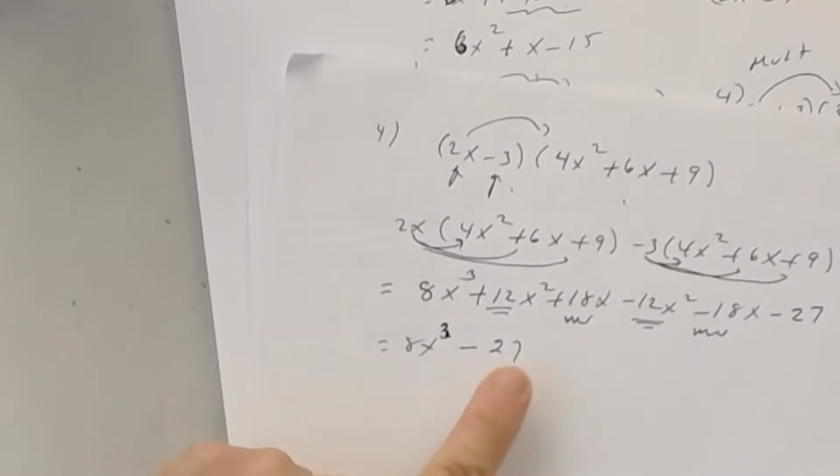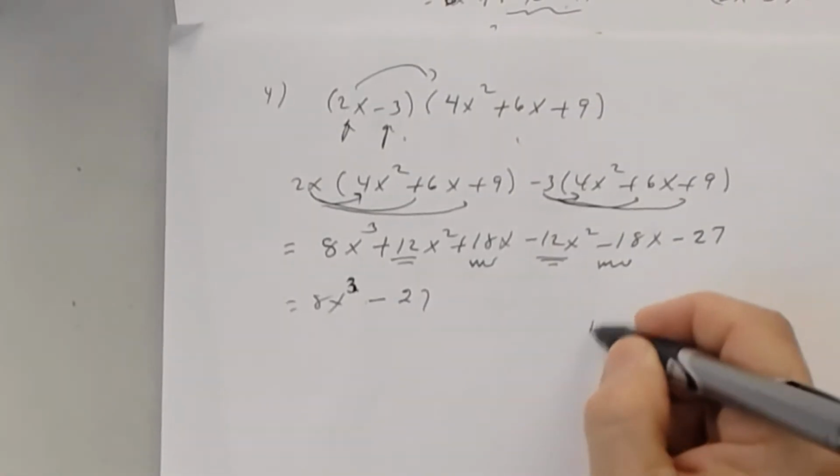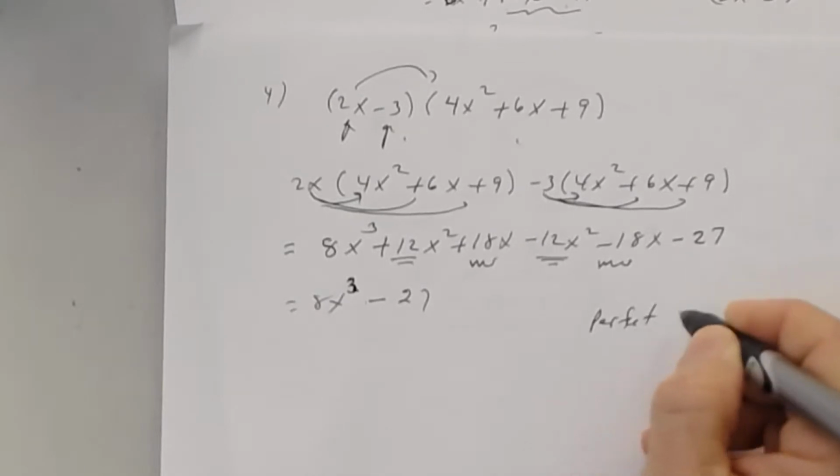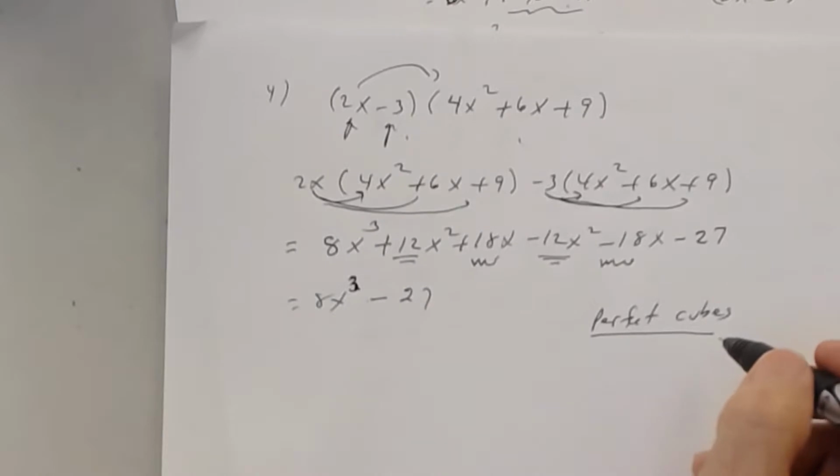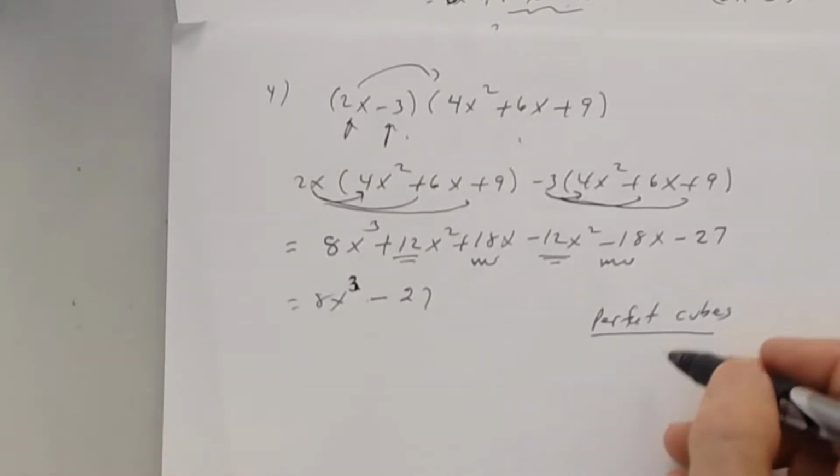But what do you notice about 8 and 27? They're perfect cubes. So let's remind ourselves what perfect cubes are. Just like perfect squares, the smallest perfect square is 1, the smallest perfect cube is 1.